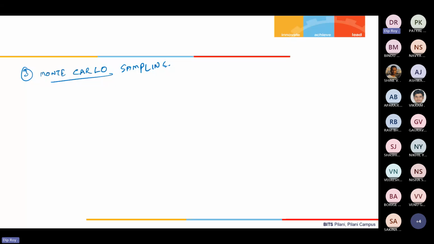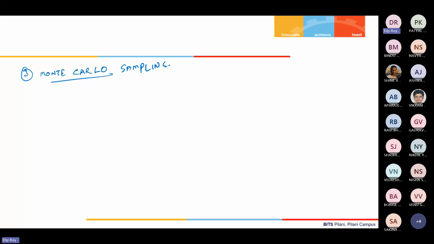It has the basic Monte Carlo form, and also Metropolis-Hastings and Gibbs sampling. All these are various flavors of Monte Carlo sampling, but we'll not boil the ocean and we'll not go there.